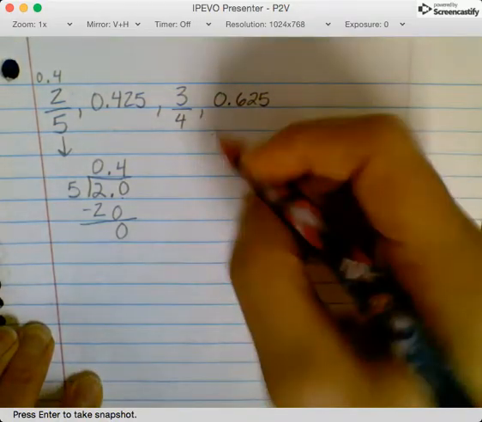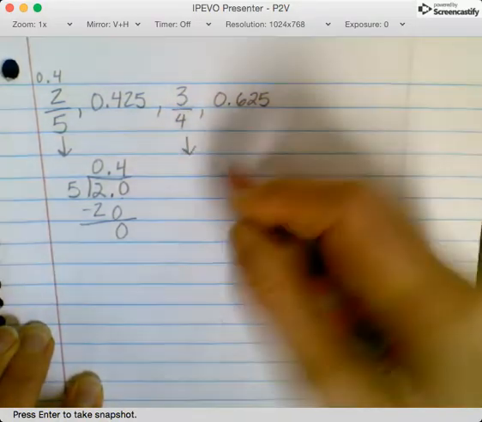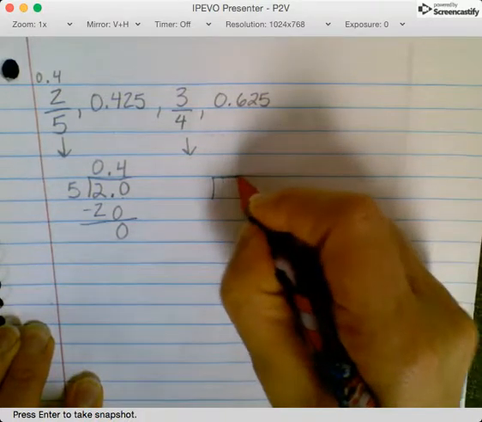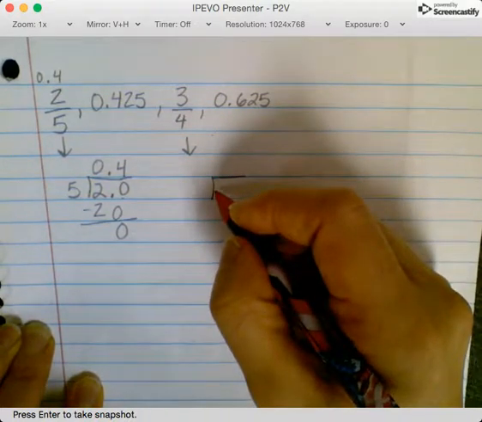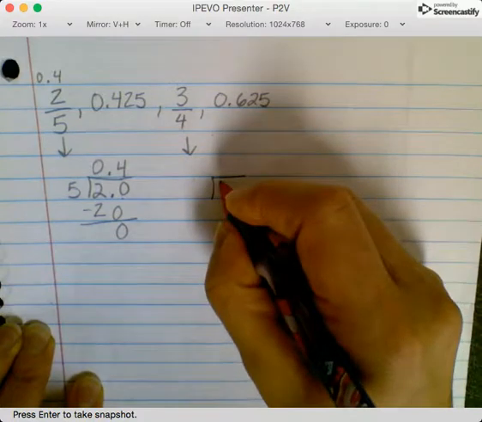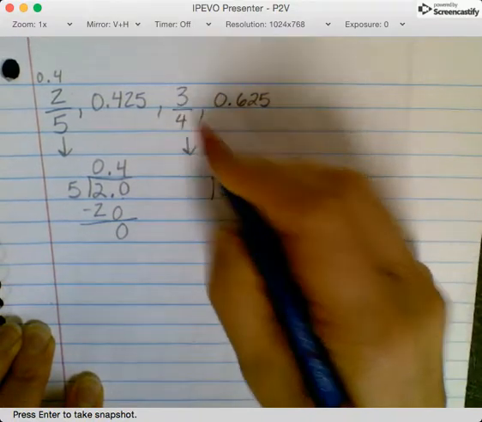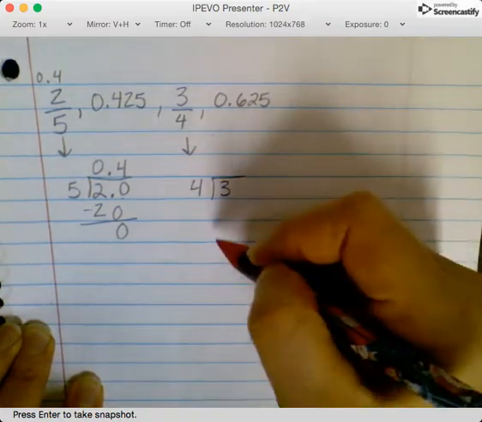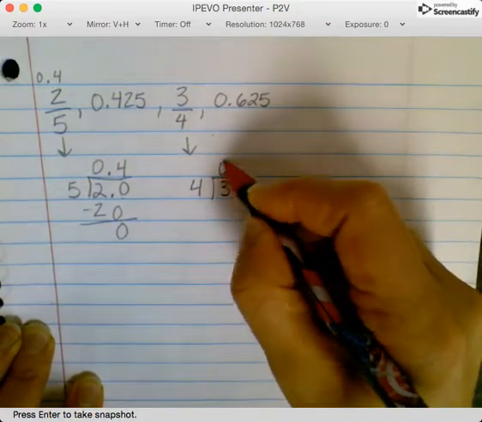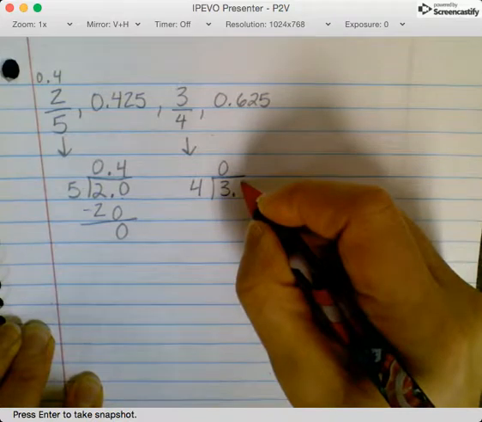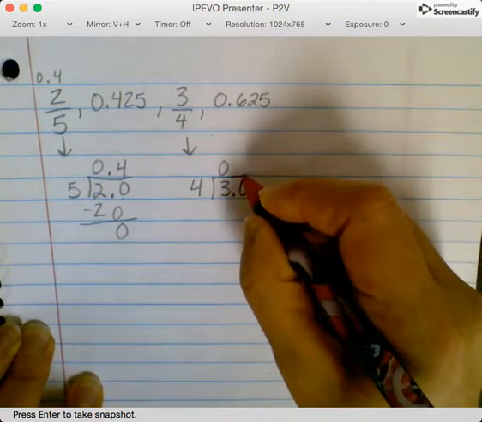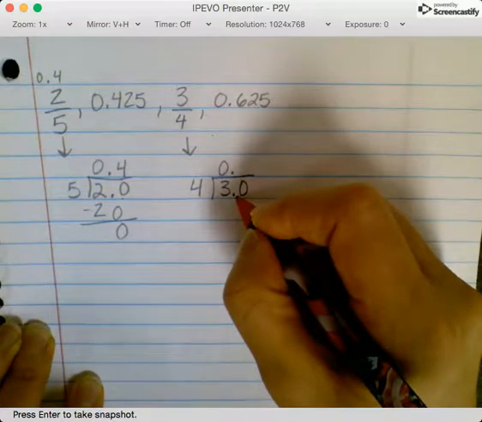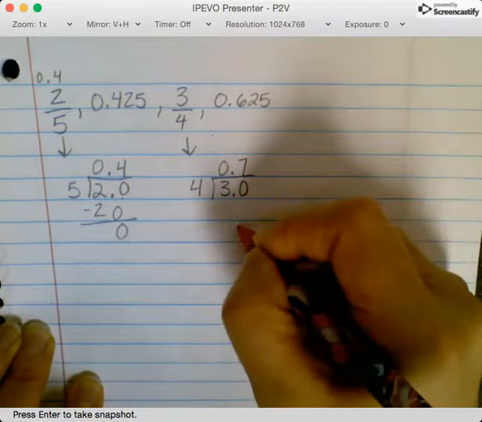So then my next thing I would do is change my 3/4 into a decimal, okay? So I'm going to put my 3 on the inside, that's my top number or my numerator, and my 4 on the outside. 4 does not go into 3, so I'm going to put a 0 and then a decimal and a 0. And 4 will go into 30. It will go in 7 times.